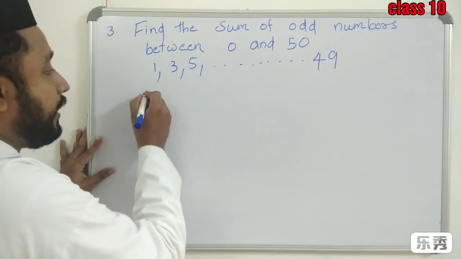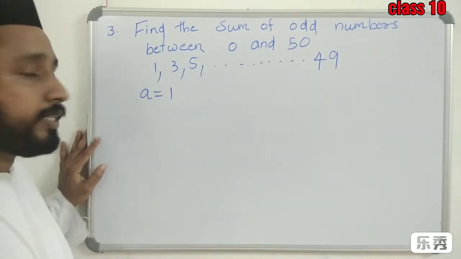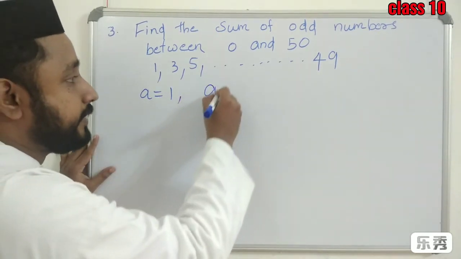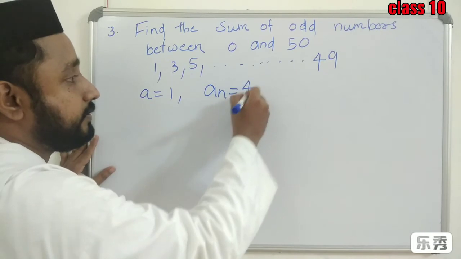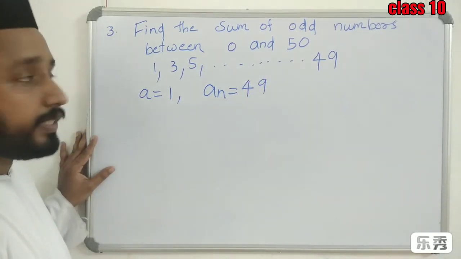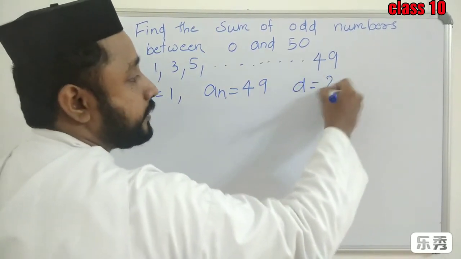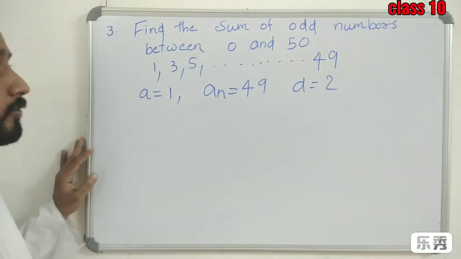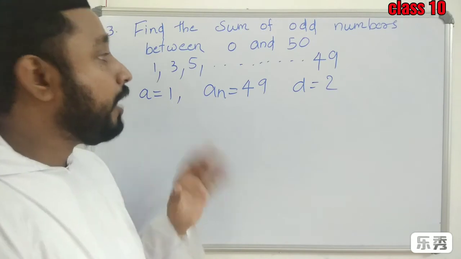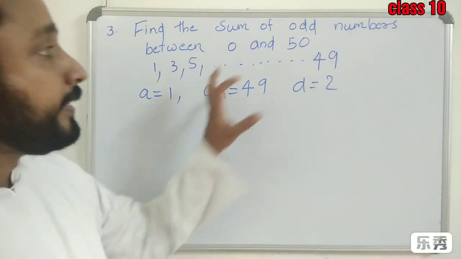The first term a is equal to 1 and the last term an is equal to 49, and d is equal to 2, so the common difference is 2. To find the sum, we should know how many terms are here.